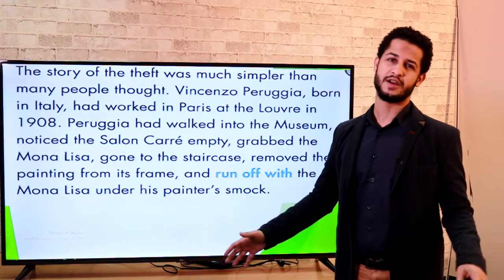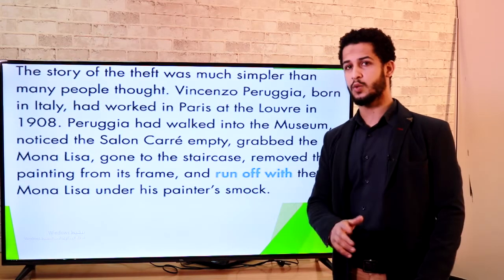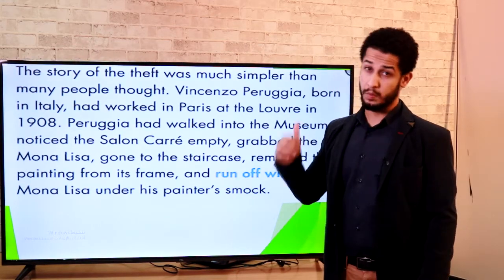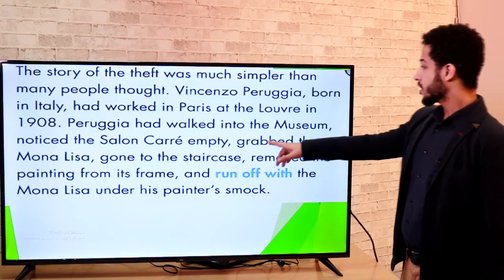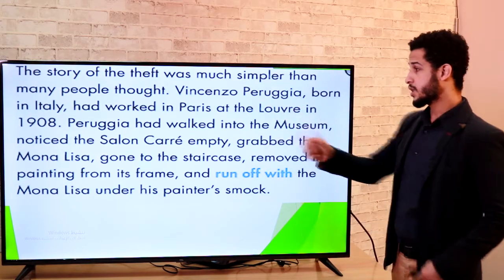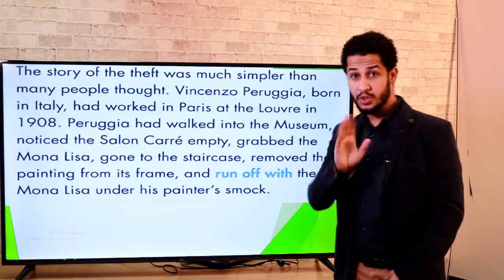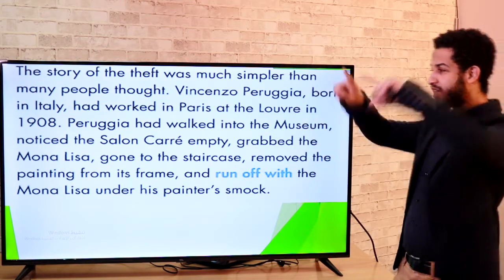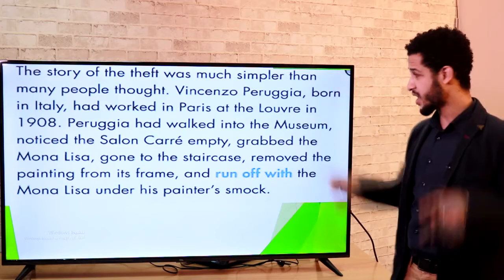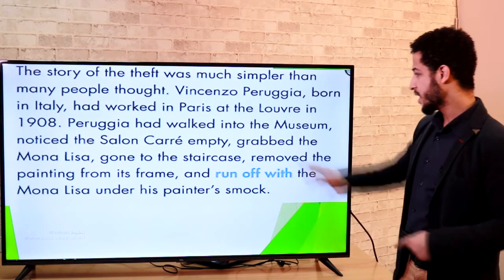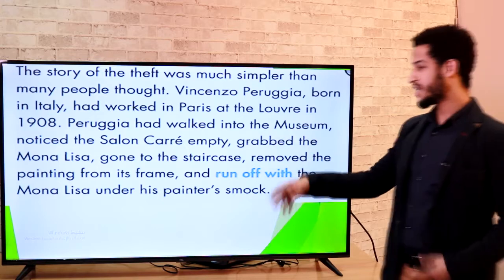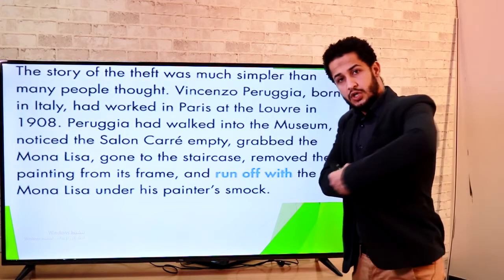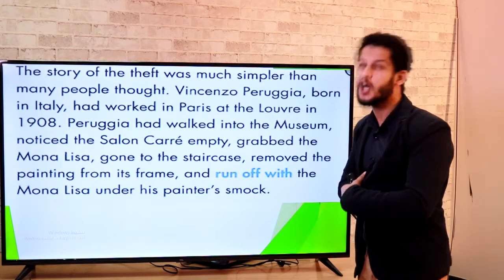No one was there, even the guard, because he was at home. He grabbed the Mona Lisa, went to the staircase, and then removed the painting from its frame. He ran off with the Mona Lisa under the painter's smock to hide it.